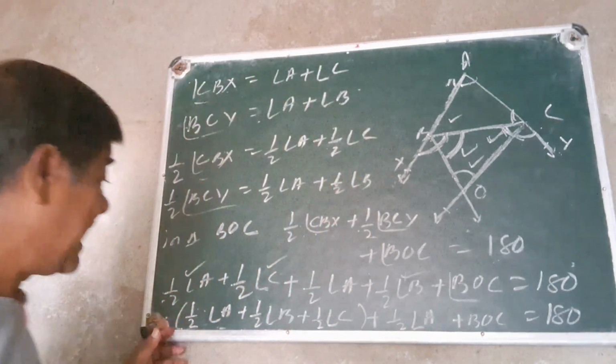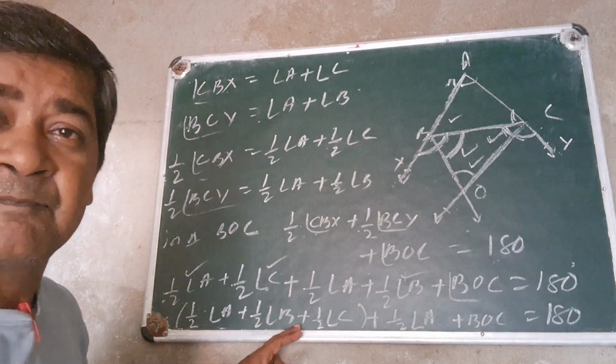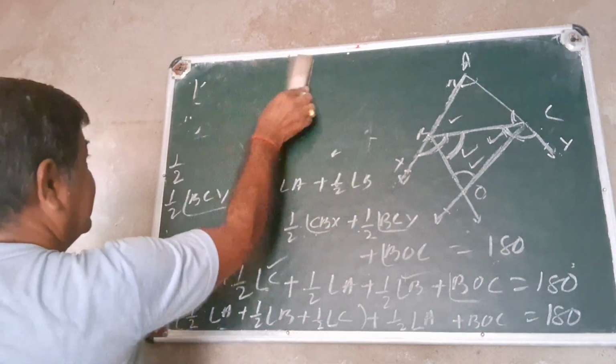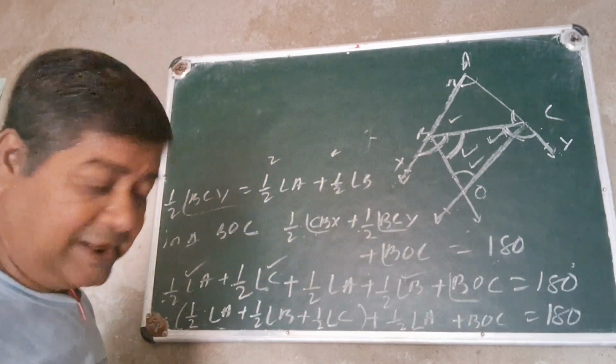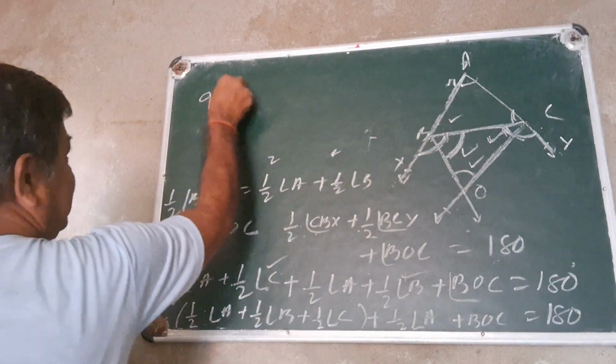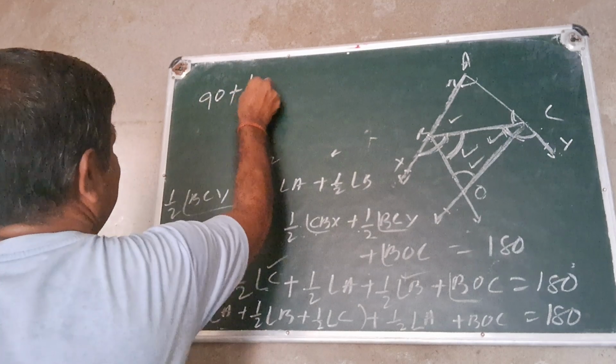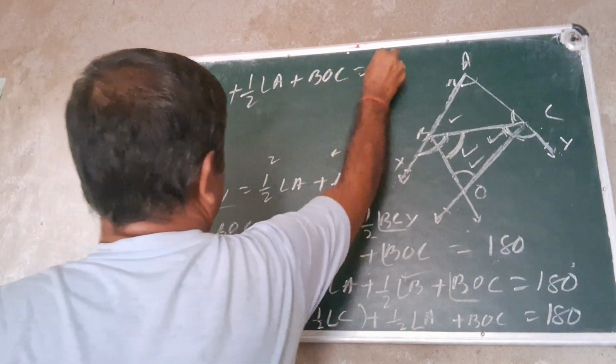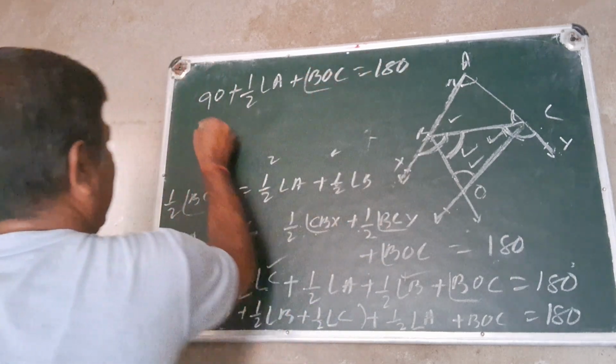Put the value: half A plus half B plus half C equals 90 degrees. Then 90 plus half angle A plus BOC equals 180.